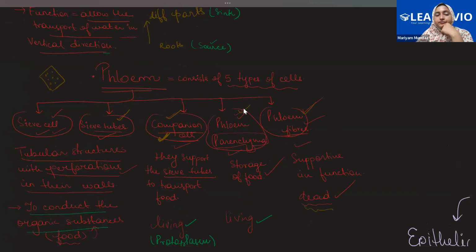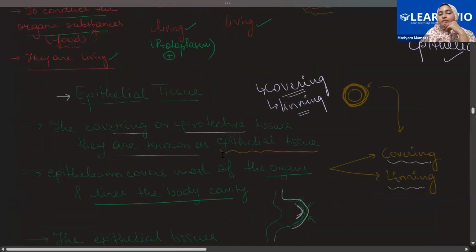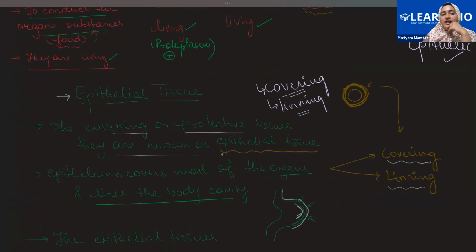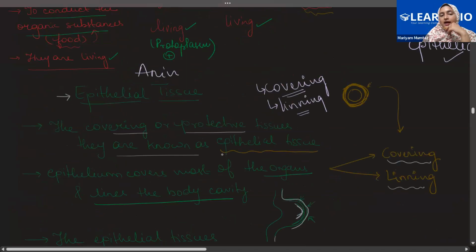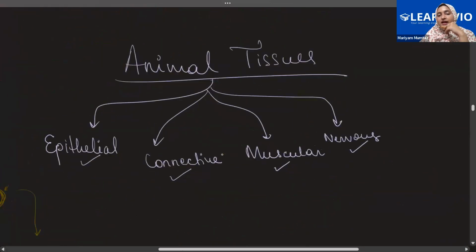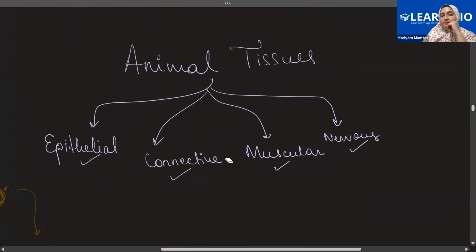All right. So in the previous class, we had discussed the various kinds of tissues of the plants, and we saw the complex permanent tissue, right? Now we'll move on to the animal tissues. Talking about the animal tissues, they are majorly of 4 types.